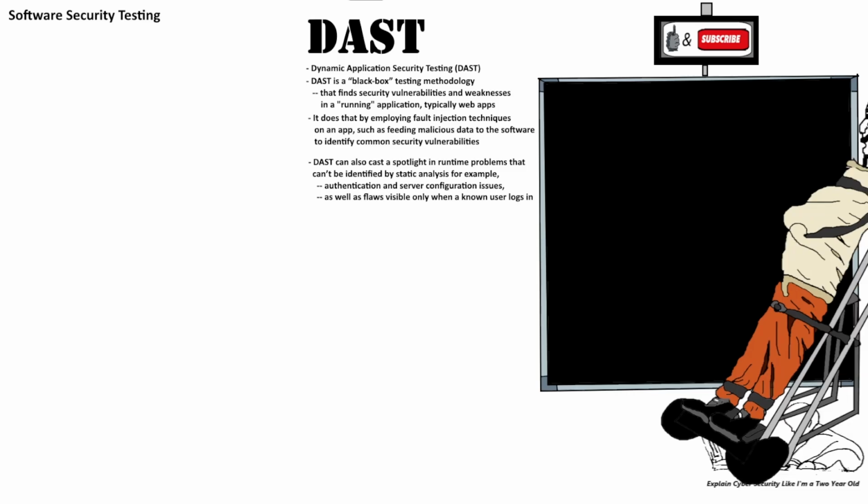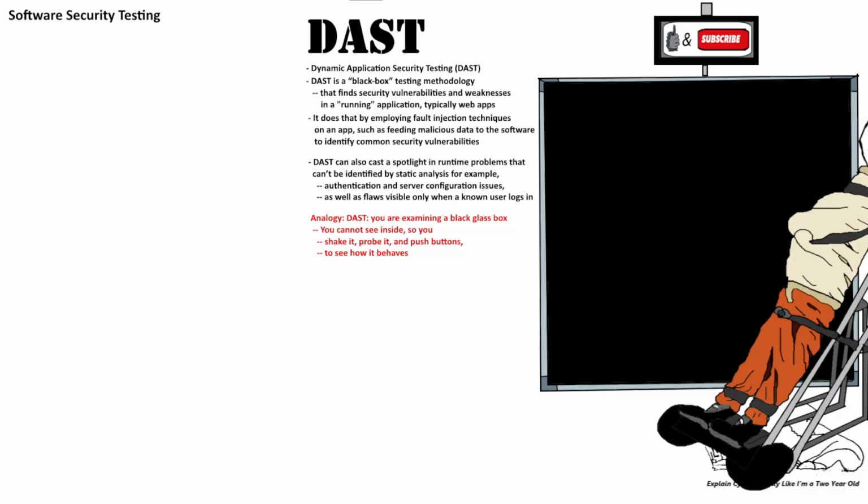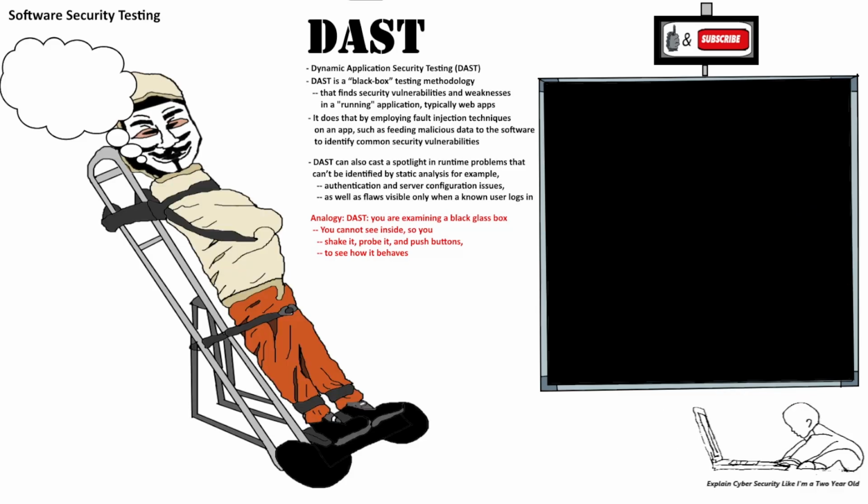So this is very much a blind, dynamic, interactive form of testing. One of the key benefits of DAST testing is that it can cast a spotlight onto runtime problems that static testing, e.g. SAST, cannot. In our analogy, imagine our DAST tester is looking at a dark, black glass box and cannot see inside, so the tester needs to shake it, probe it, and press buttons to see how it behaves.